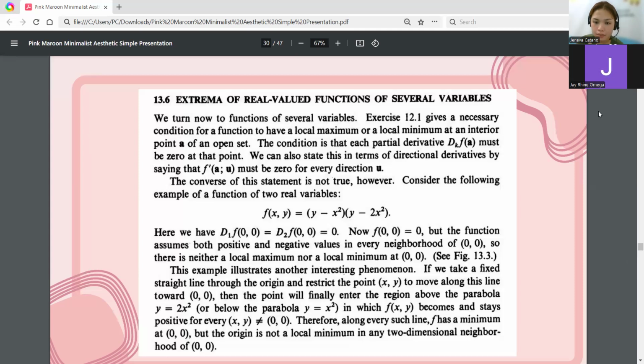Therefore, along every such line, f has a minimum at (0, 0), but the origin is not a local minimum in any two-dimensional neighborhood of (0, 0). Okay, please next.